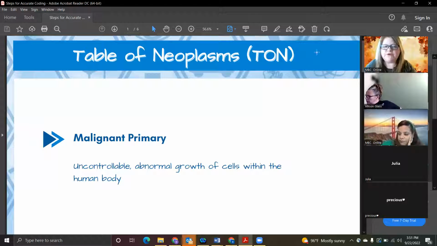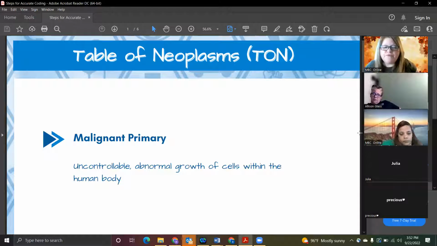I want to go into a little bit deeper discussion, a little more clarification on what those options across the top are. You need to know those so you can pick the right code for the scenario that you're working with, right? If y'all are looking at the table, the first column is malignant primary.